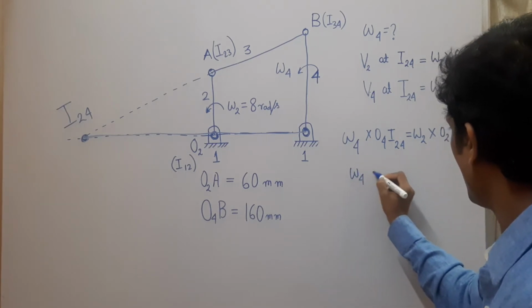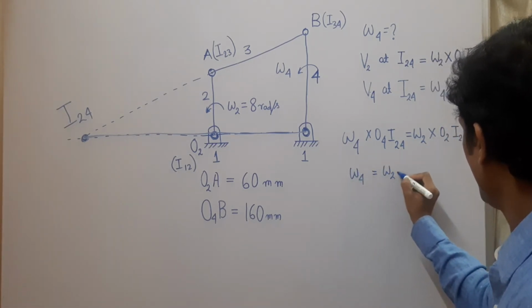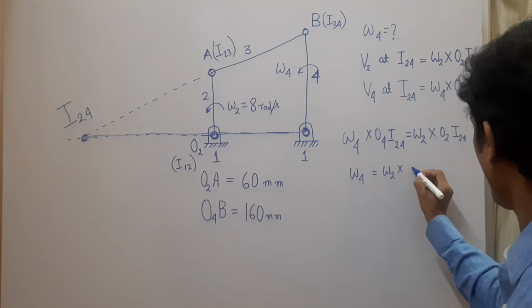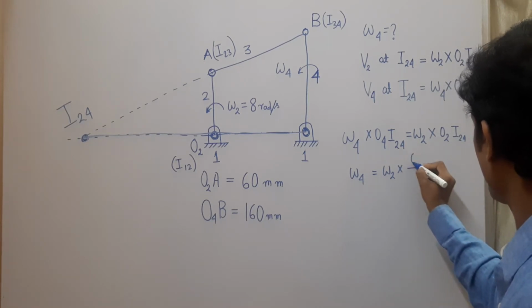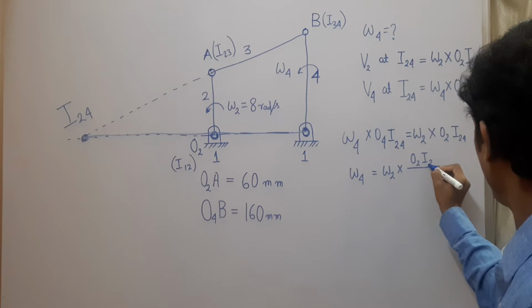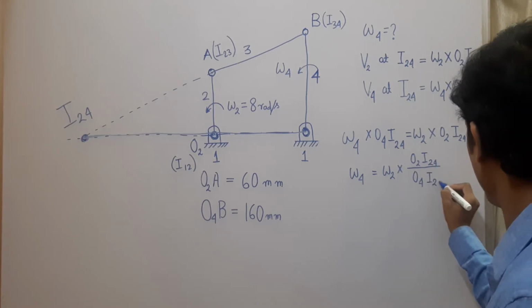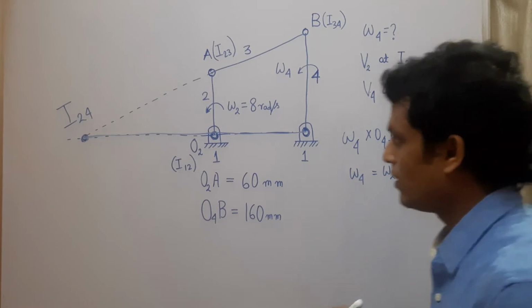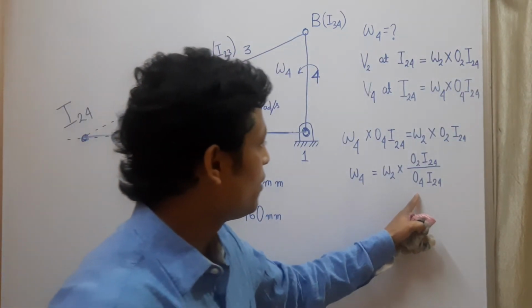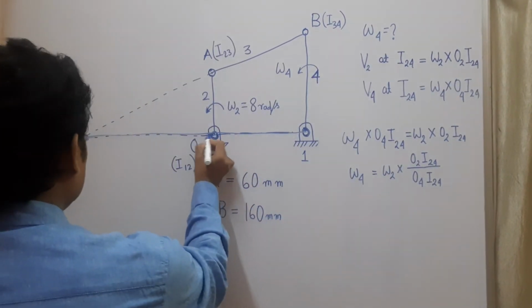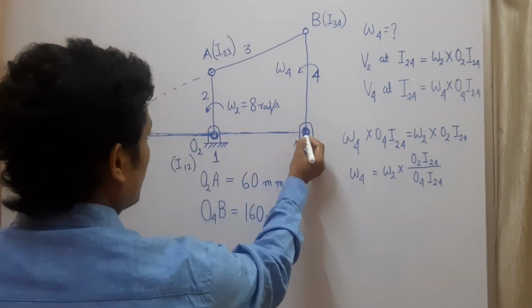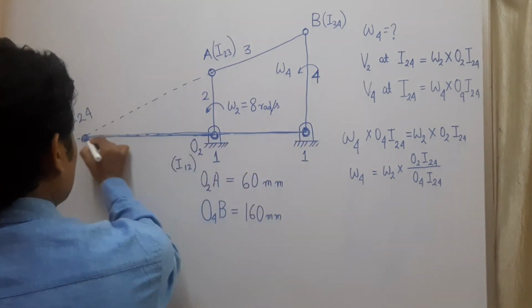So omega 4 is equal to omega 2 into O2 I24 divided by O4 I24. Now we have to find out this ratio, O2 I24 divided by O4 I24.